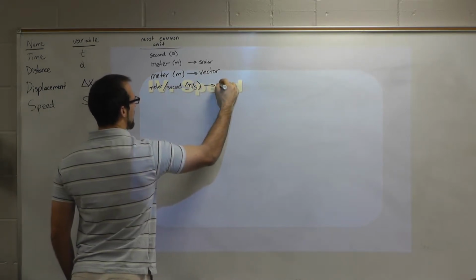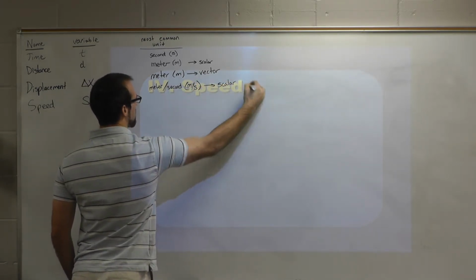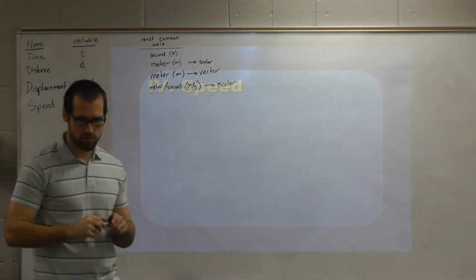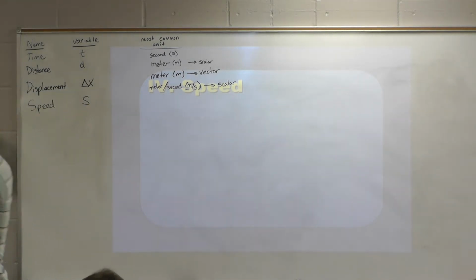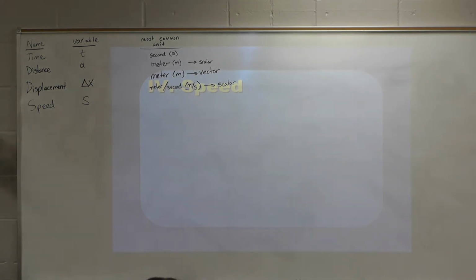And this is a scalar quantity. What do Americans use? Miles per hour. We're not going to use miles per hour very often. Sometimes we will, but not always. Okay? Let's find speed.